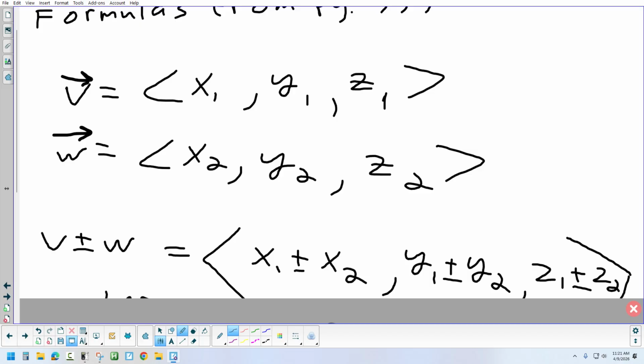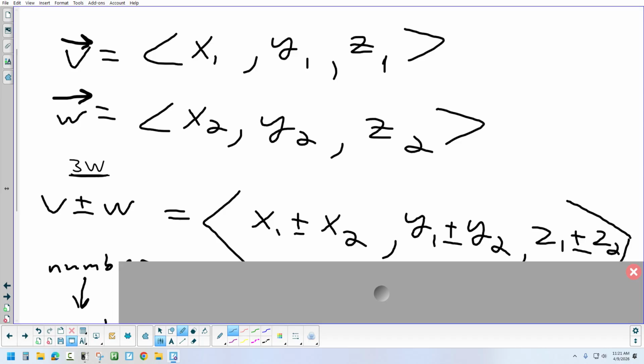Okay, how about if I did something like this? What do we call this? Scalar multiplication, or a scalar product. Yep. And when you scale a vector, what can happen to it? It can get bigger, get smaller, it can reverse its direction. Right. Can get longer, shorter, or change direction.